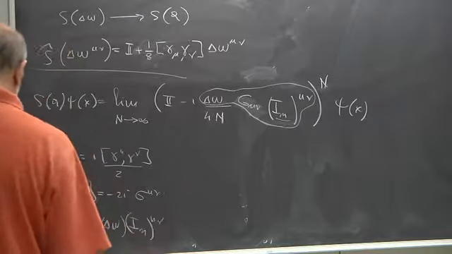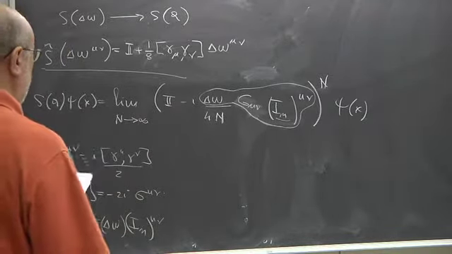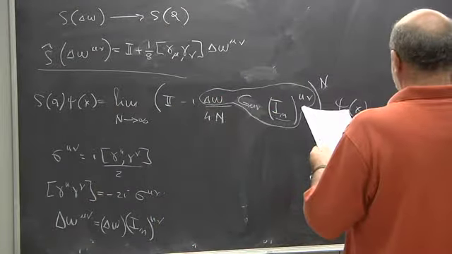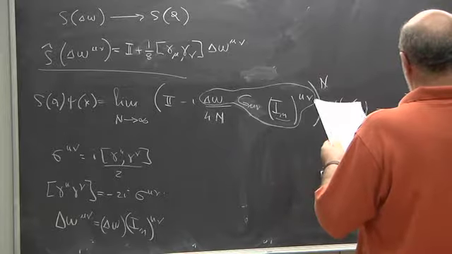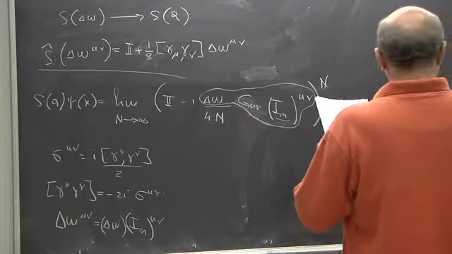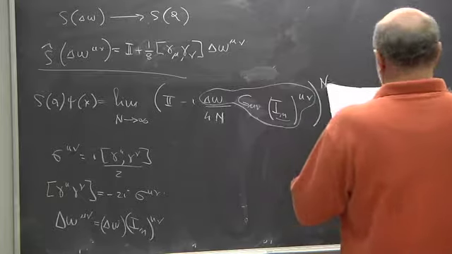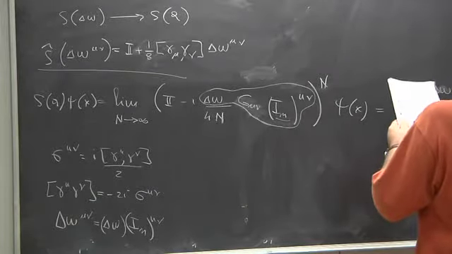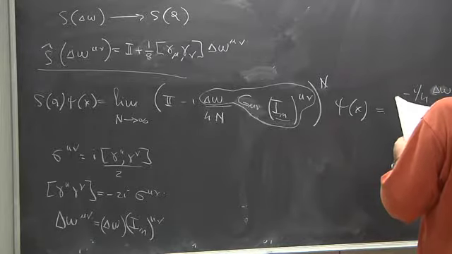Then it is easy to see that this object is nothing else than the exponential of -i/4 Δω σ^{μν} I_{μν} applied to ψ(x).